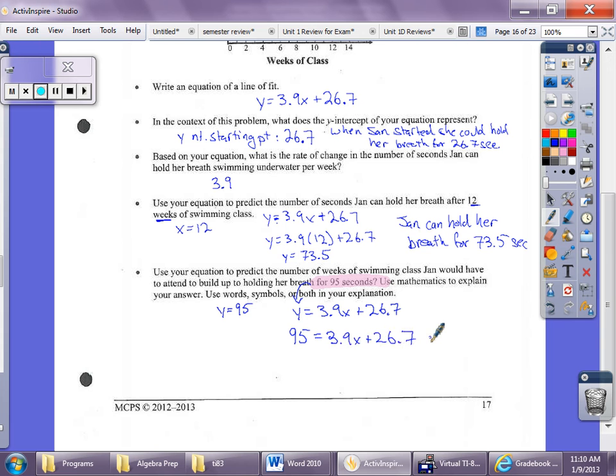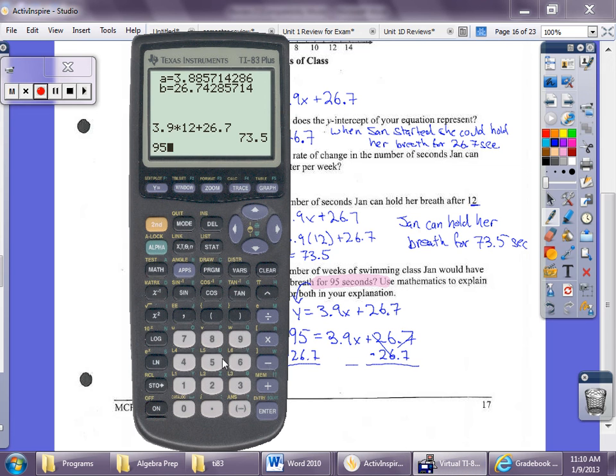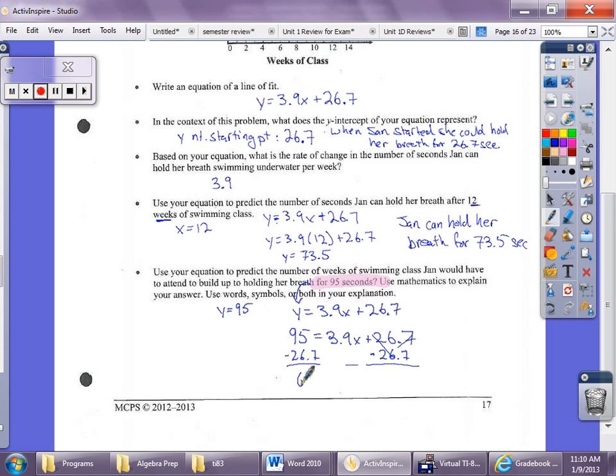To solve this, we subtract 26.7 from both sides, and 95 minus 26.7 gives us 68.3.